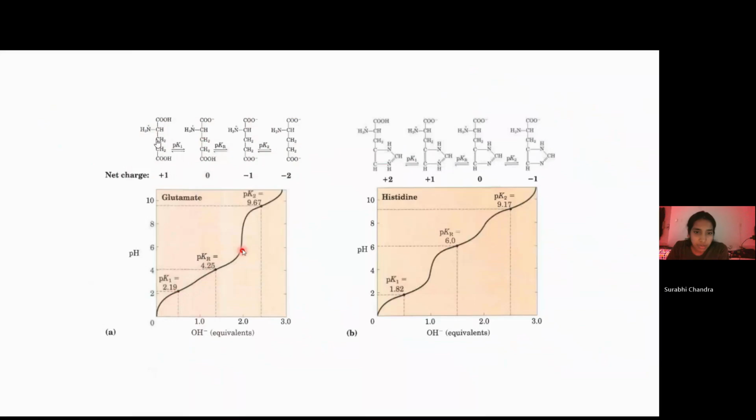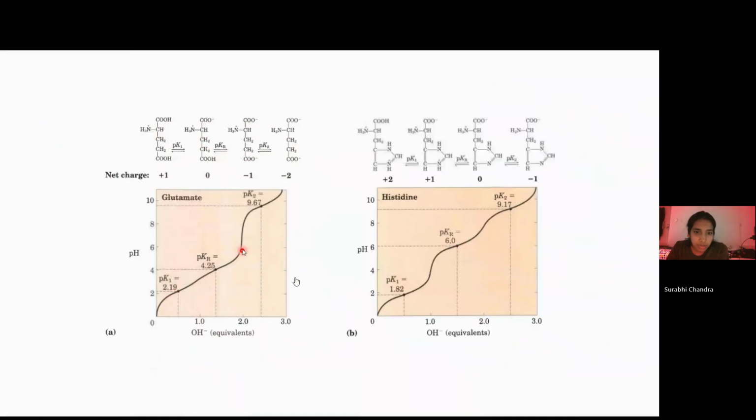So here you see you have an acidic region for glutamic acid and for histidine. So pK1, pK2 are there definitely for the COOH and NH2 groups attached to the C alpha carbon, as well as because of the presence of the carboxylate group, or in the case of histidine this particular N here.